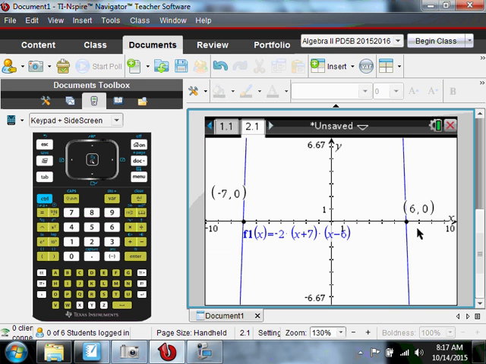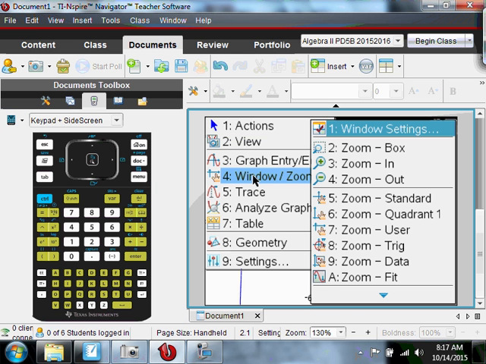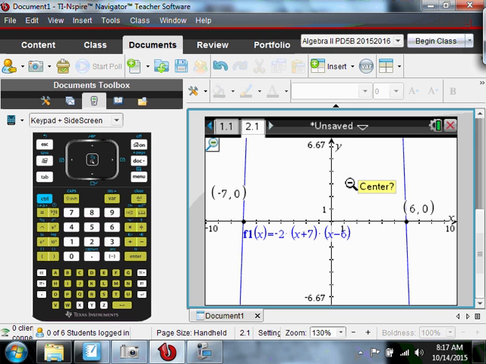Surprise, surprise. Now I need to see a point that's way up higher than I could see, right? I'm going to do what? Zoom. What kind of zoom should I use? Zoom out. I hit zoom out and nothing happened. I got to click somewhere. Where do I want to zoom out from?